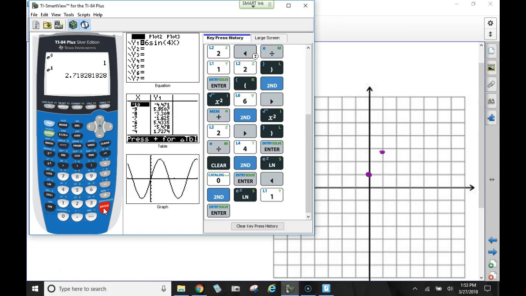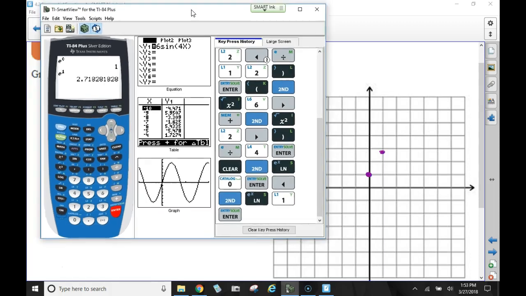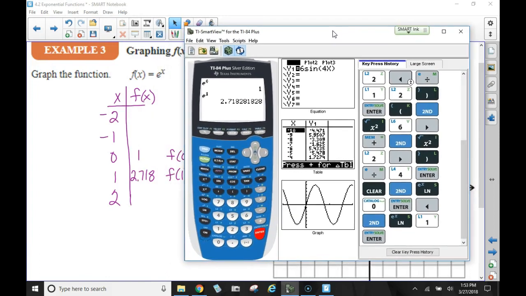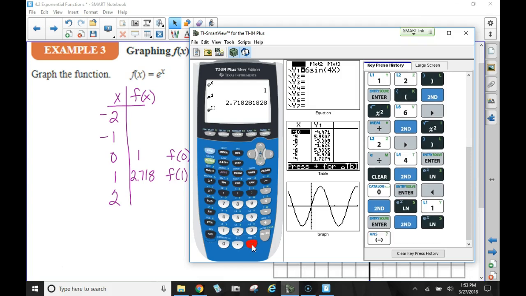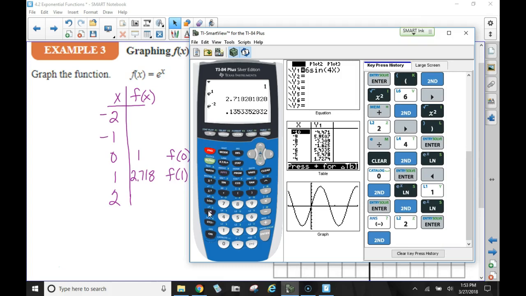Let's fill out the rest of the chart, meaning that I want to know when x is -2, what is e to the -2nd? Don't forget to hit your negative button, not your subtract. e to the -2nd is 1 over e squared. 1 divided by e squared is what that decimal is. What's e to the negative first?